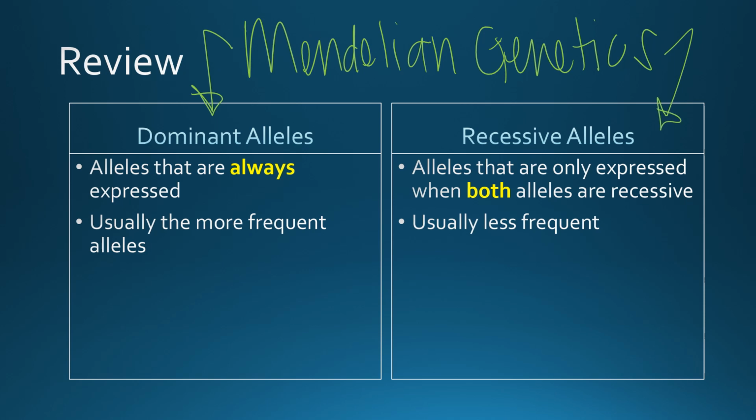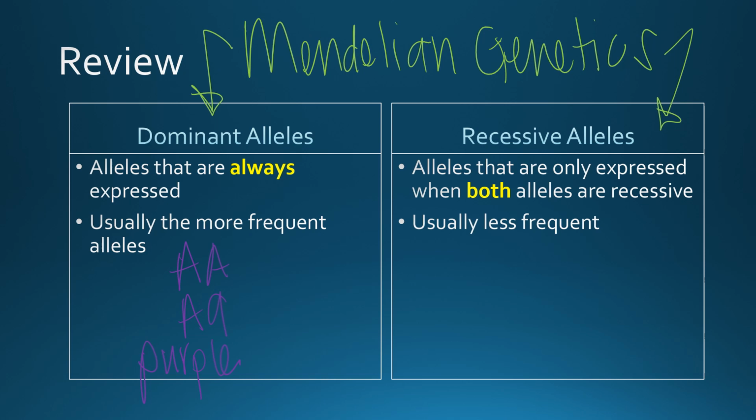Based on his information, those dominant alleles showed up more frequently, because if there is a genotype with a dominant allele, or a capital letter, it was always expressed. So in his experiments, those genotypes gave purple flowers. Hence why he called them dominant alleles. It was more likely for him to get purple flowers.